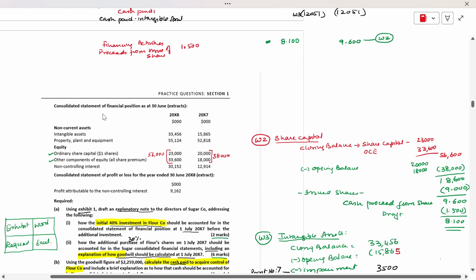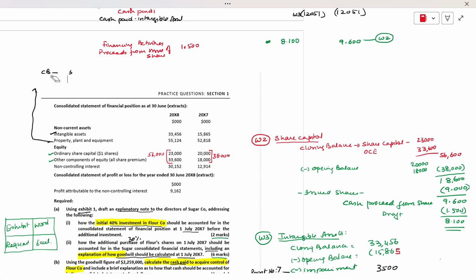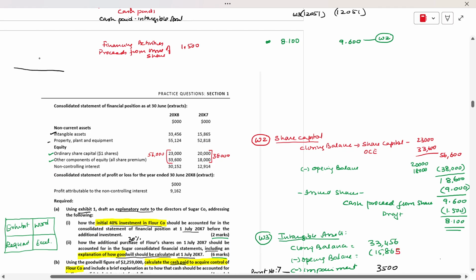Next. We have taken this one. Property, plant and equipment we have taken. If you want to do property, plant, equipment, closing balance is how much? Just for your confirmation I will do it. Put it in a T form, it will be easy for us.